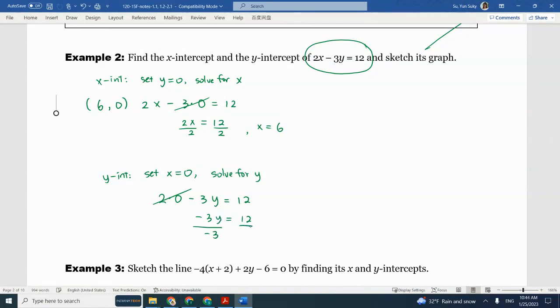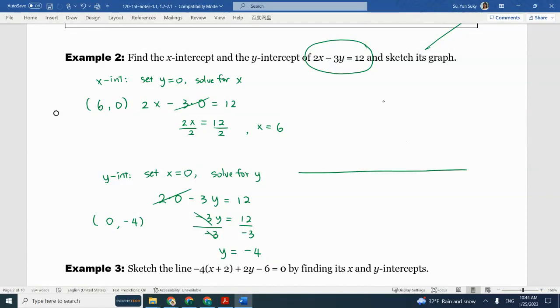Both sides divided by negative 3, we get y equals, what's 12 over negative 3? Can any of you type your answer in the chat? Negative 4. Thank you. Yes, y is negative 4. So the y-intercept is a point with the x-coordinate 0 and the y-coordinate negative 4. Don't just say y equals negative 4, because this is a horizontal line.